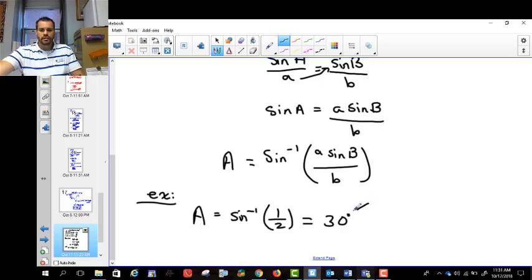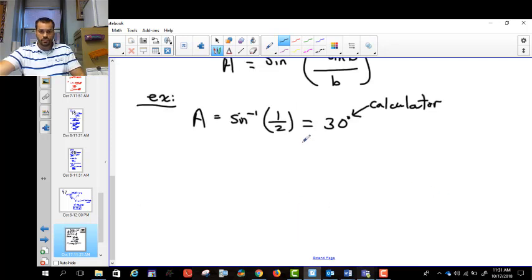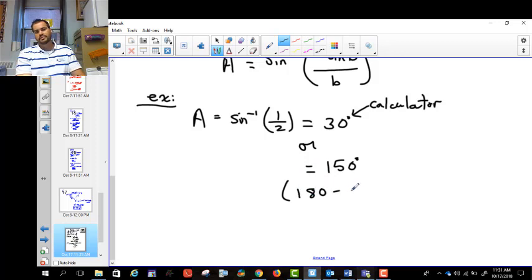And that's what you'll get on your calculator, because your calculator is designed to tell you the smallest of the two. But the other possibility is that it's also 150 degrees. In general, it's 180 minus theta if that's theta. So in other words, it's 180 minus the angle you find.